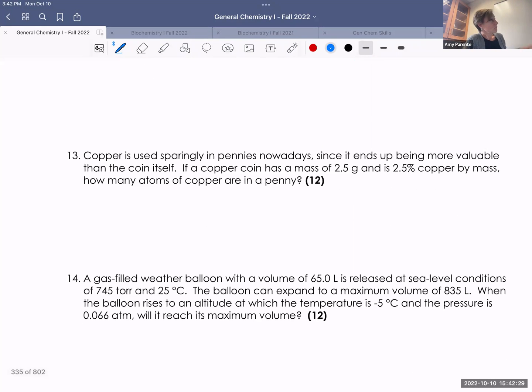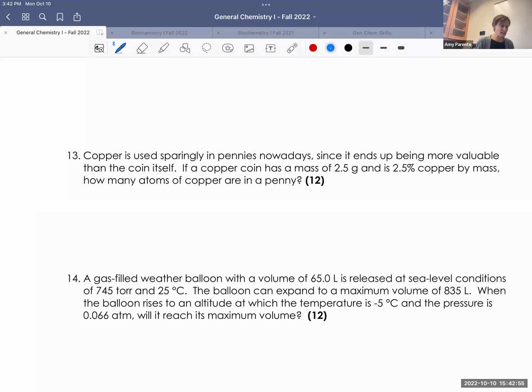Now, there's a couple ways you can think about doing this problem, keeping in mind that oftentimes when we're doing unit conversion and multiplying things together, the order that we think about them in doesn't always matter. But this is how I think about this problem. I've got a copper coin and that coin weighs 2.5 grams. As I'm looking at this coin, I'm recognizing that 2.5% of it is copper by mass.